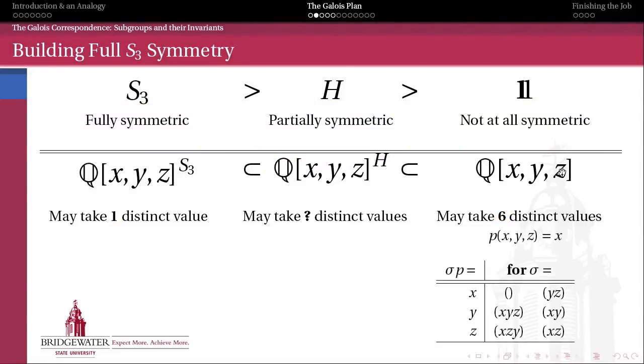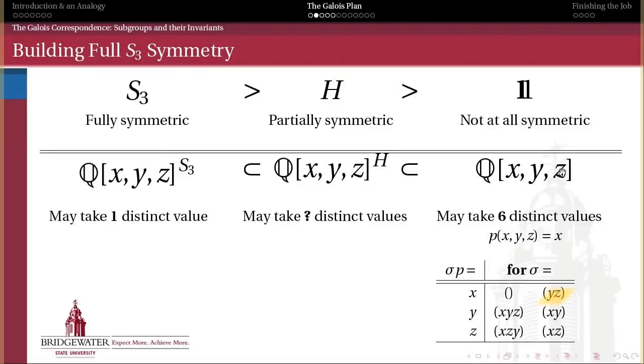So here's an example. Suppose I take the polynomial which is just x, and we look at how many different values that x can take on. Well, if I do nothing, if I do the trivial permutation, then I get the value x back again. But I also get that same value if I apply the permutation yz, because this polynomial doesn't depend on y and z. I can interchange y and z with no penalty.